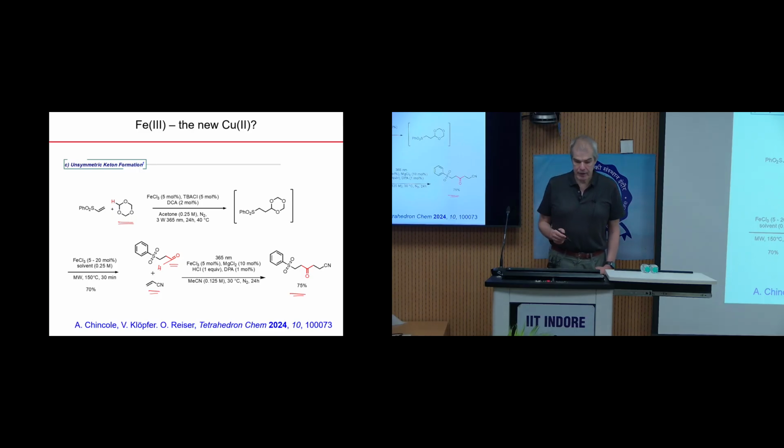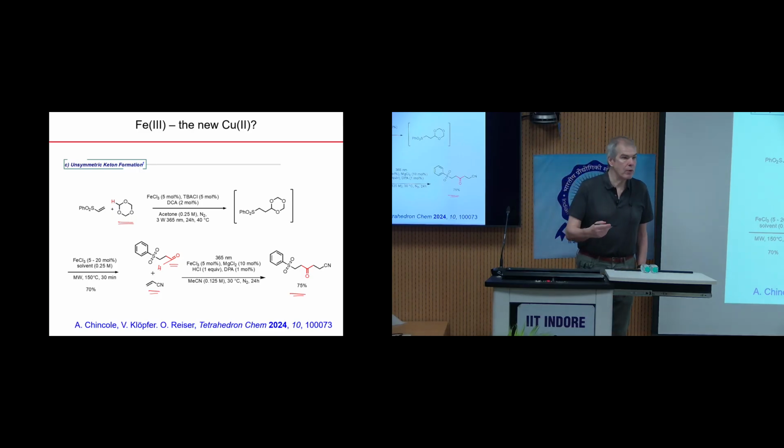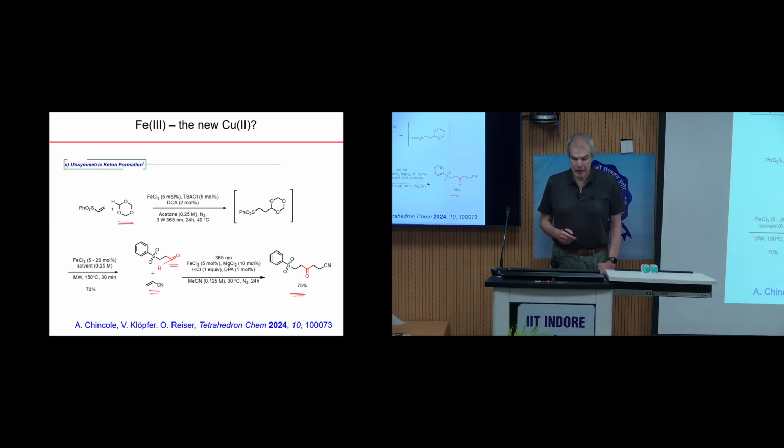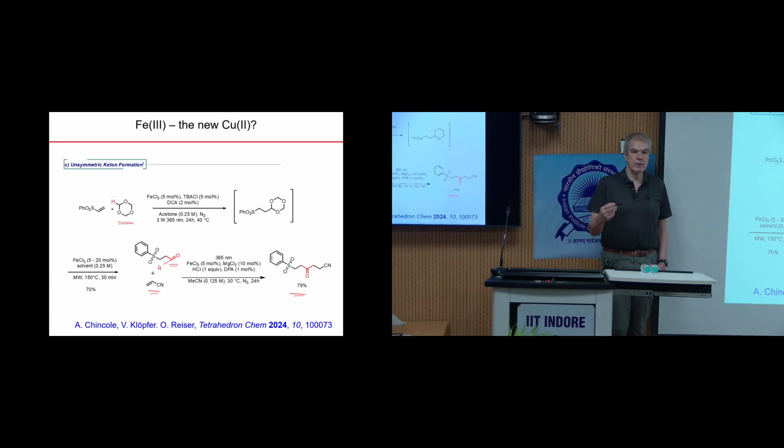And again, I think that is something which might point to the fact that iron can actually also be an interesting metal for catalysis. So again, nucleophilic radical, these acyl radicals we get from the trioxane, will react with electron deficient alkenes.